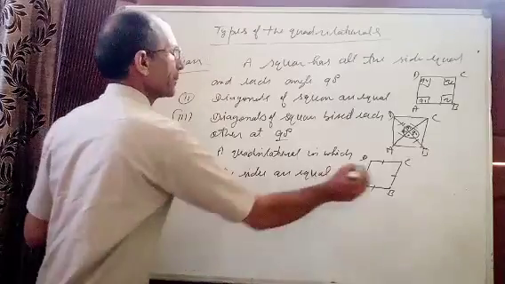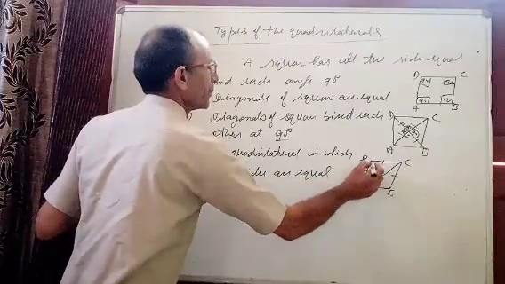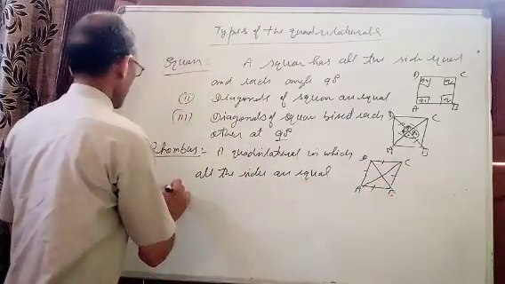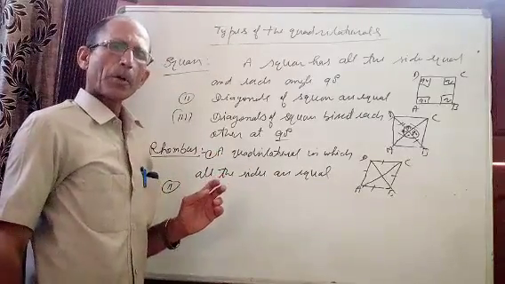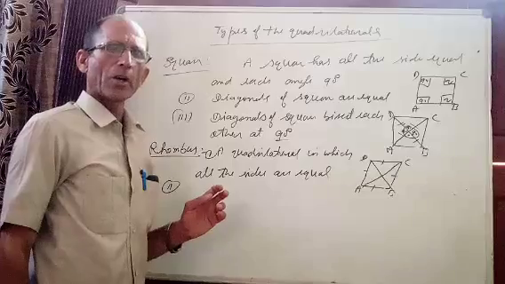Next property, second: opposite sides and angles of a rhombus are equal.